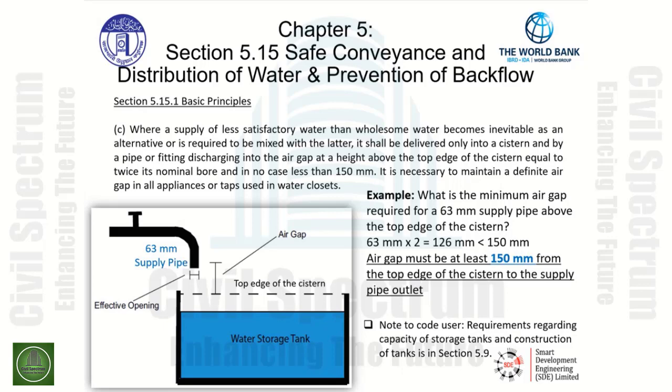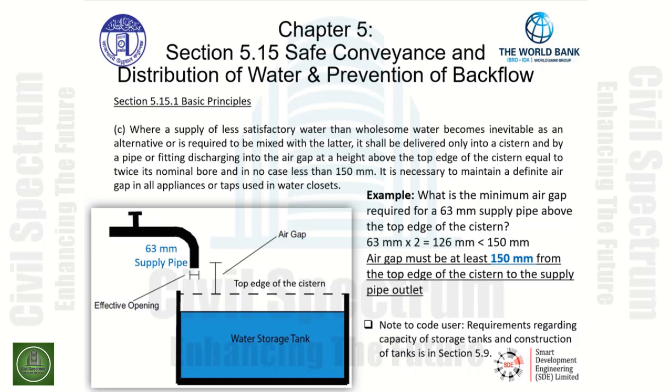5.15.1, Item C, where a supply of less satisfactory water than wholesome water becomes inevitable as an alternative or is required to be mixed with the latter, it shall be delivered only into a cistern and by a pipe or fitting discharging into the air gap at a height above the top edge of the cistern equal to twice its nominal bore, and in no case less than 150 millimeters.